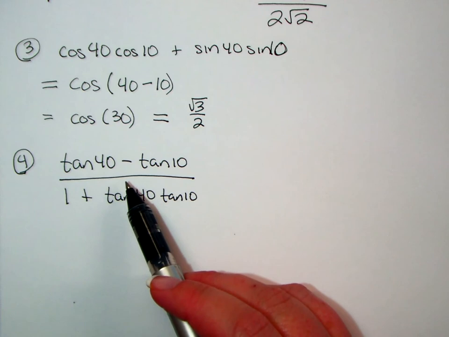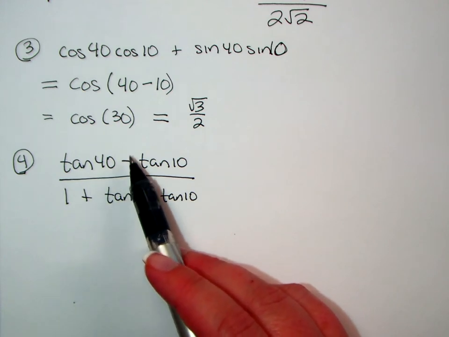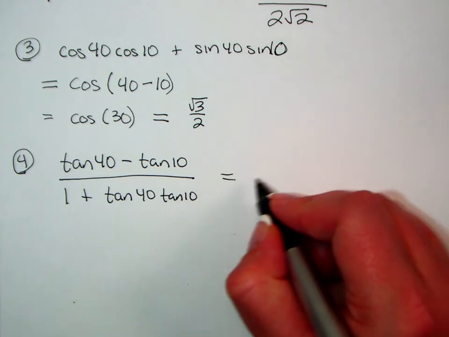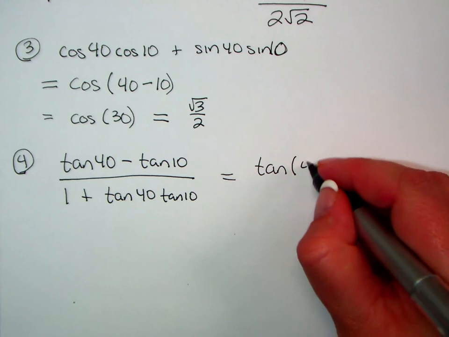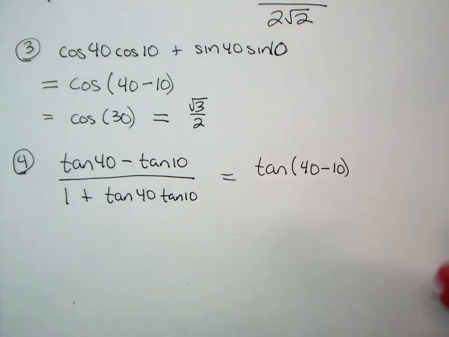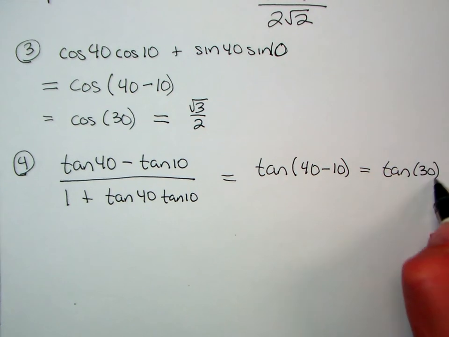So if you remember, right, or you're looking back, the minus sign on top matched the difference formula for tangent. So this is the same thing as tangent of 40 minus 10, because it's a difference formula for tangent, which is tan of 30 degrees, right?